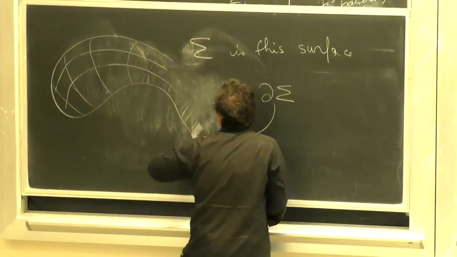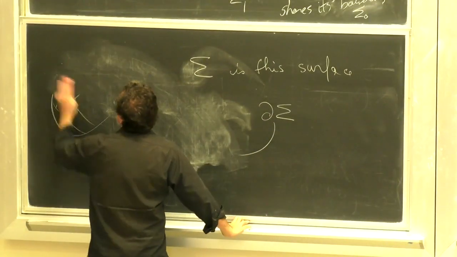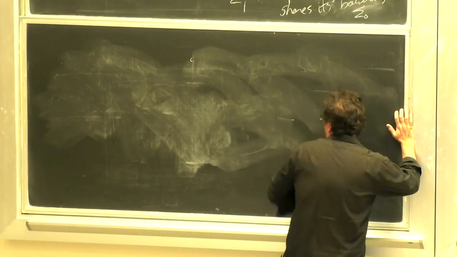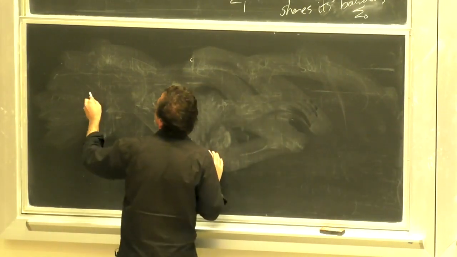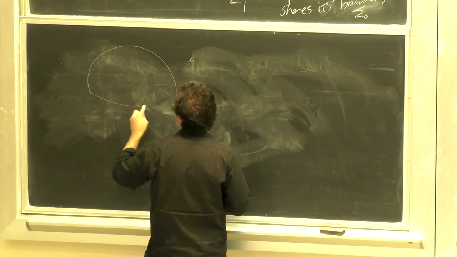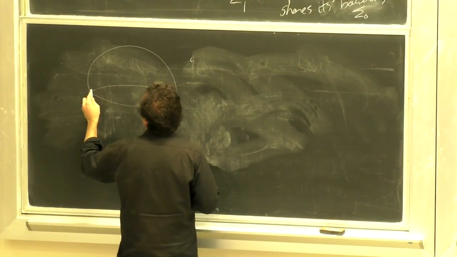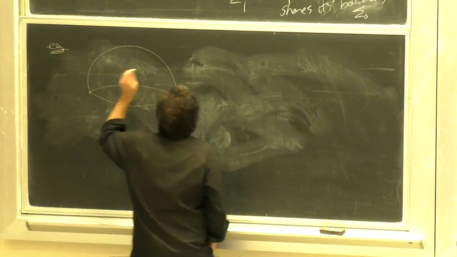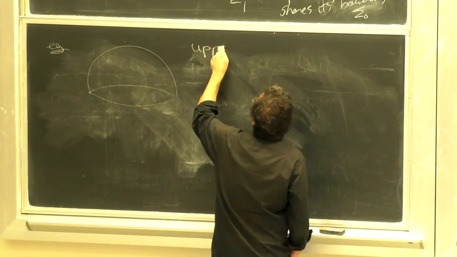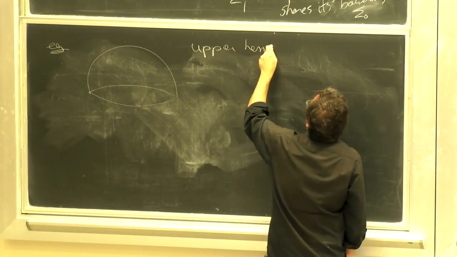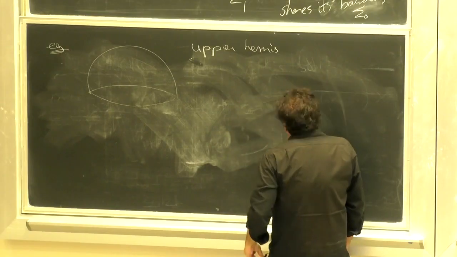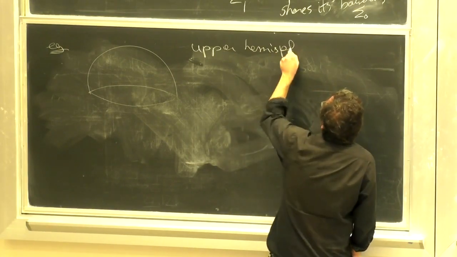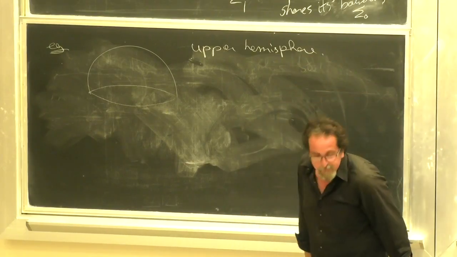Well, what if I had made the surface be a hemisphere? Okay, so this is the upper hemisphere, for example. The upper hemisphere.